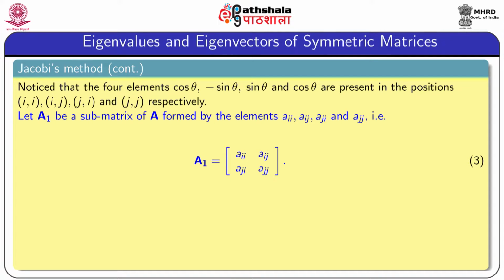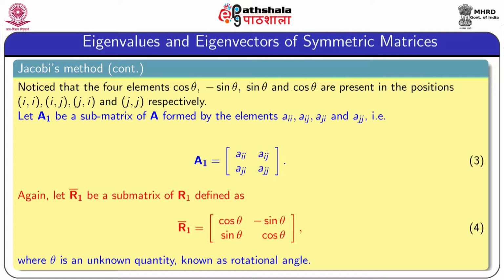Let A1 be a submatrix of the given matrix A formed by the elements aii, aij, aji and ajj. That is, the submatrix A1 of A is a matrix of order 2 by 2 shown in equation 3.